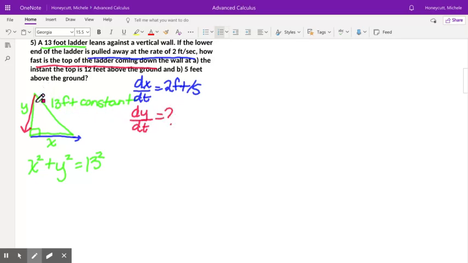The other thing I want to note when I find my answer: if the ladder is sliding down the wall, the length of y is getting smaller and smaller. So this should be negative because the length of y is shrinking. Just a note to myself, it should be negative when I get through everything. That's the way I can check myself.